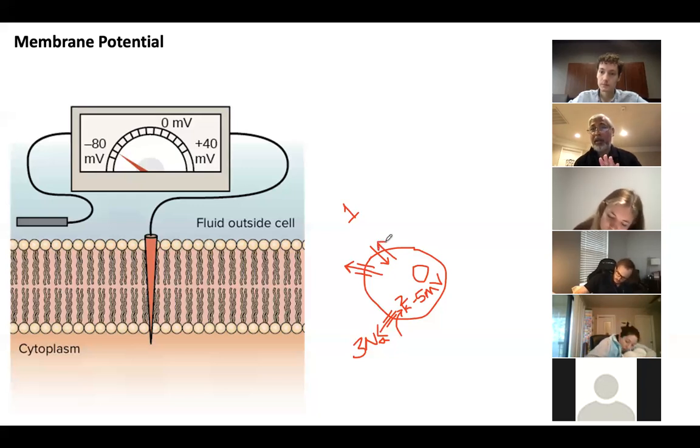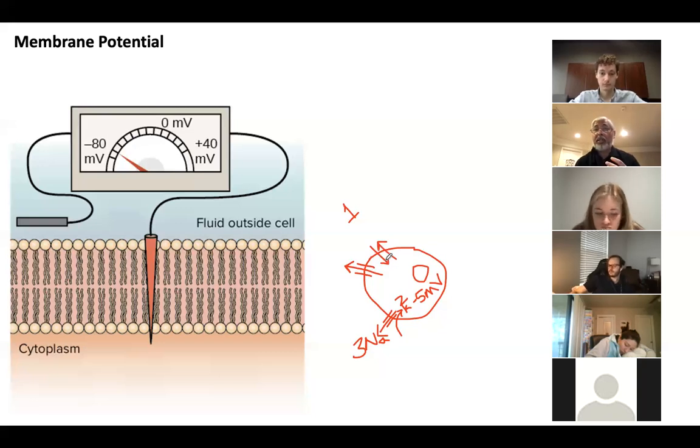Are you with me? Good. Now, if we see the way the cell membrane operates, the concentration gradient will have the upper hand at this point, okay? The driving force of the concentration gradient is way more than the electrical force that is trying to bring potassium in.